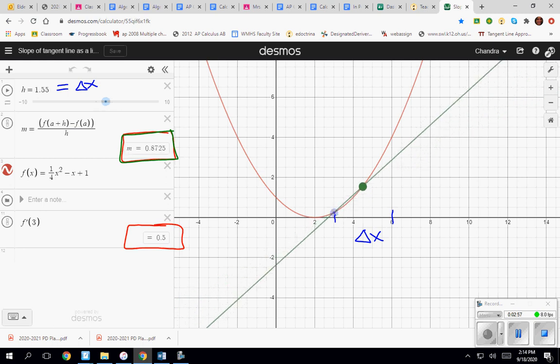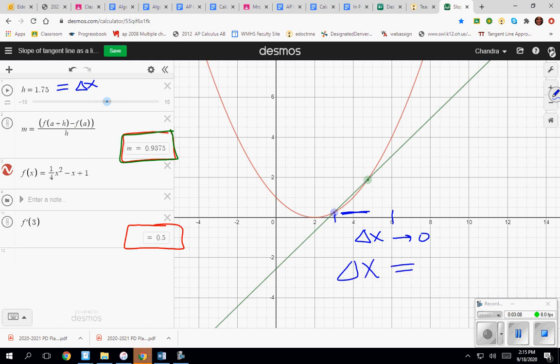And so you can see what's happening here is delta x is approaching 0. The distance between these 2 points is getting smaller and smaller and smaller. It cannot actually equal 0 because when we calculate slope, we do the change in y over the change in x, and we can't divide by 0. So we have to use the concept of a limit, and we have to say what's happening as the distance between the 2 points gets really close to 0.